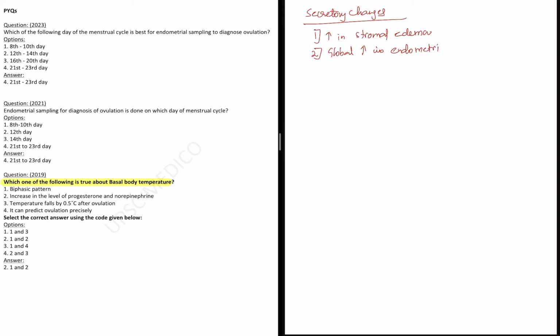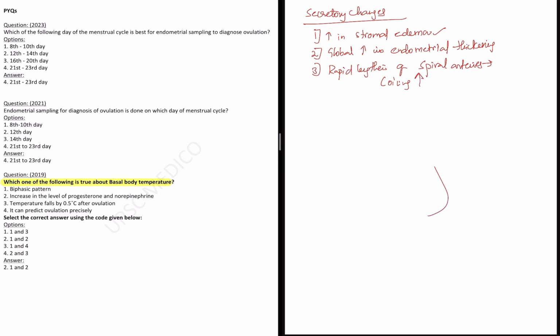So what are all the secretory changes you see? You see increase in stromal edema, you see global increase in endometrial thickening, and the third thing is there is rapid lengthening of spiral arteries. Spiral arteries, they rapidly lengthen, and the coiling of the spiral arteries increases.